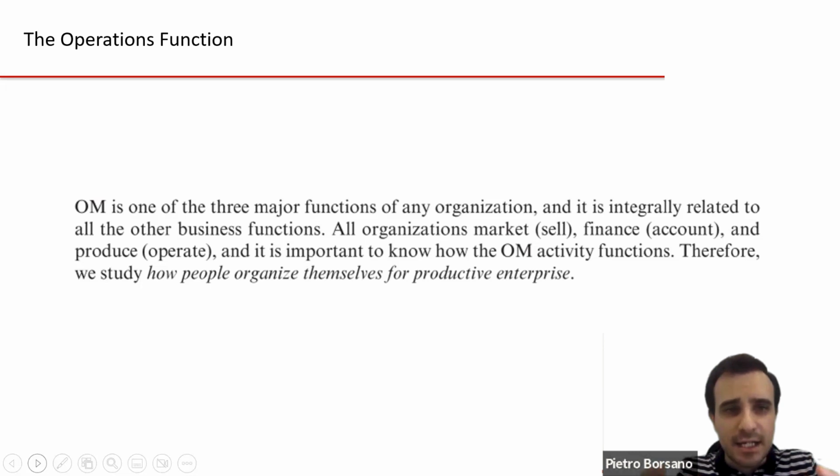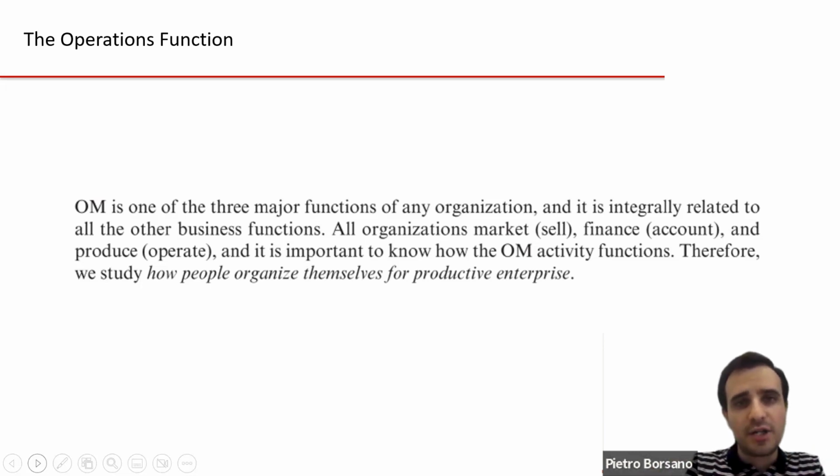To an extent, we can see that operation is the core, the scaffolding of a company's business, and will relate with the marketing function, with the finance and accounting function, and of course with the production function.